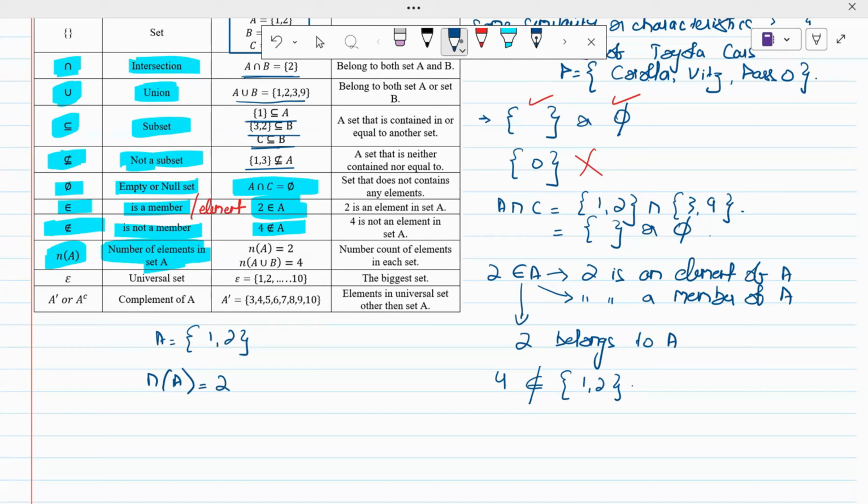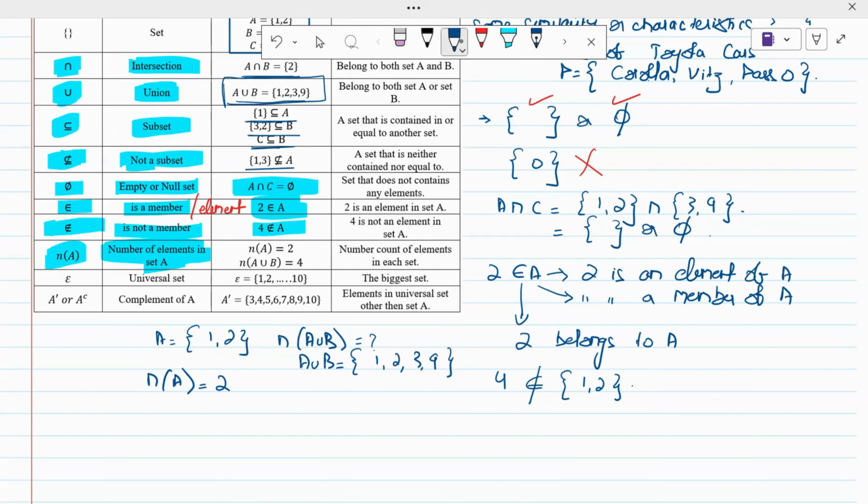If you look for N of A union B, you first need to find A union B. A union B, you combine the elements of A and B. So A and B, we have already found this as 1, 2, 3, 9. A union B is 1, 2, 3, 9.